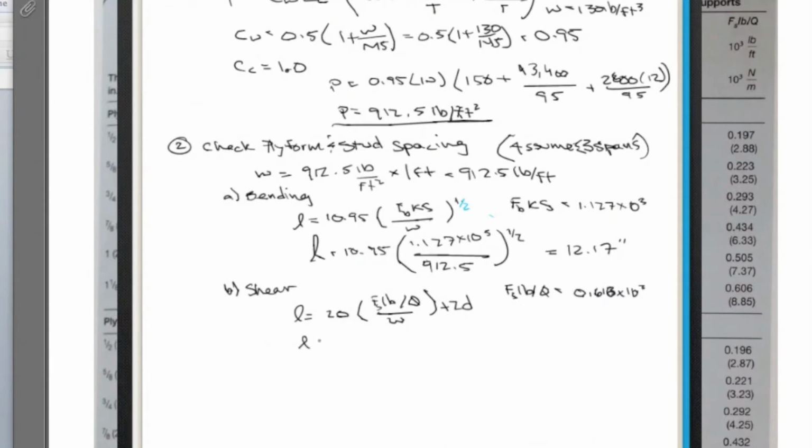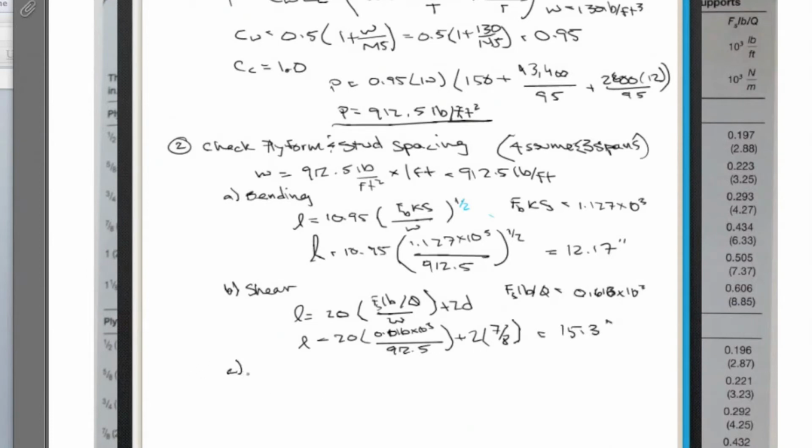And so we plug this in, L equals 20 times 0.616 times 10 to the 3 divided by 912.5, plus 2. We're using 7/8 thickness plywood. So we get an L, in this case, of 15.3 inches.